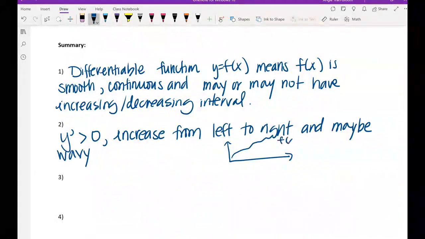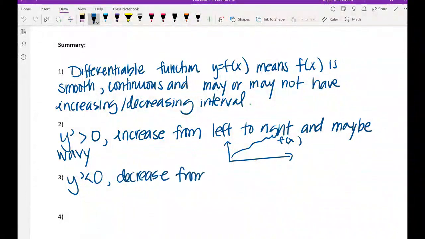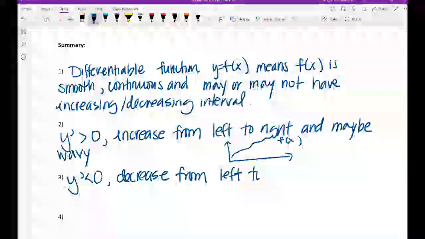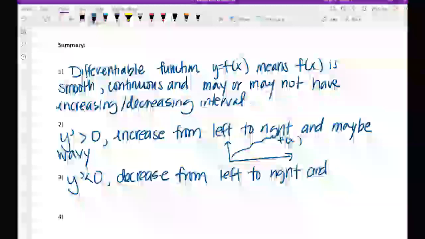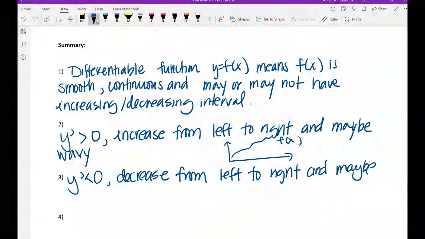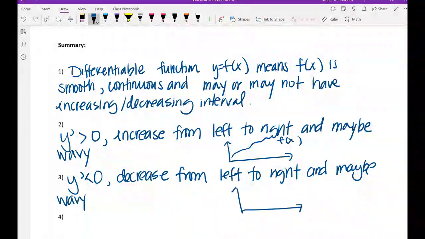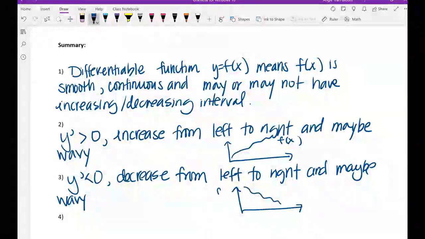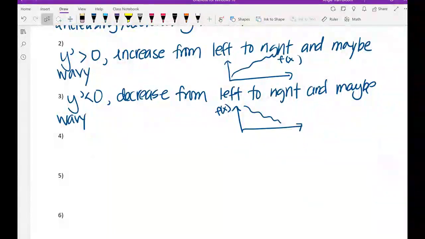This is an f of x function. Now if y prime is negative, it means it's a decreasing function, decreasing from left to right, and again maybe wavy. So it could be like this. Again, this is f of x. We're using the first derivative to test increase and decrease.